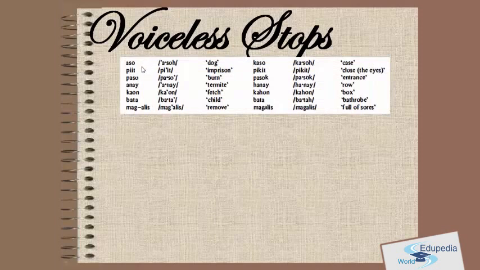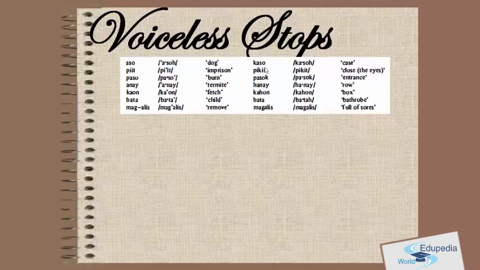For example, we have aso, dog, kaso, case, pilit, imprison, pikit, close the eyes, paso, burn, pasok, entrance, anay, termite, hanay, row, kaon, fetch, kahon, box, bata, child, bata, bathrobe, mag-alis, remove, magalis, full of sorts.